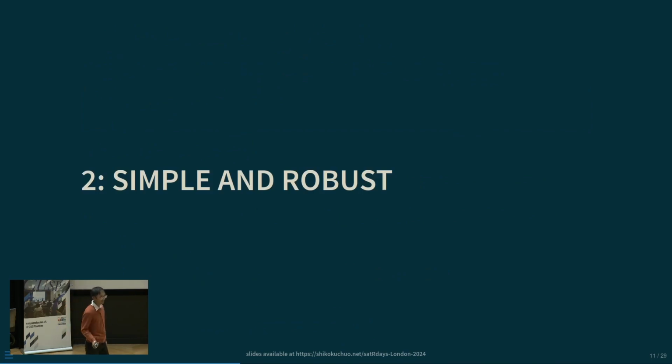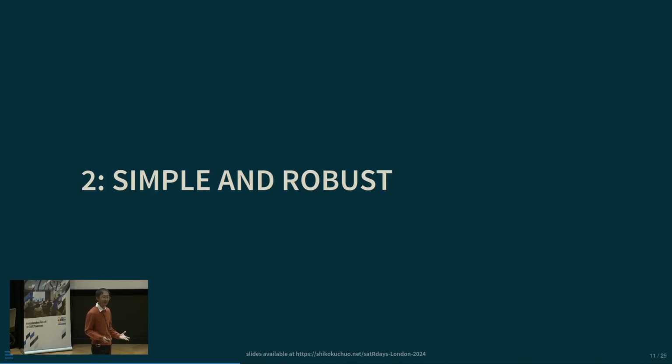The second important point I want to mention about Mirai is that the design has been kept simple. And the reason it's been kept simple is that simplicity makes it robust. There are other frameworks where they've gotten to the stage where the code base is so complex and sprawling that when a user reports an error or an issue on GitHub, then the maintainer doesn't necessarily know what's causing the problem.